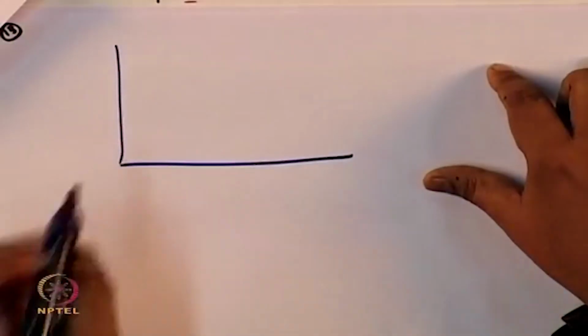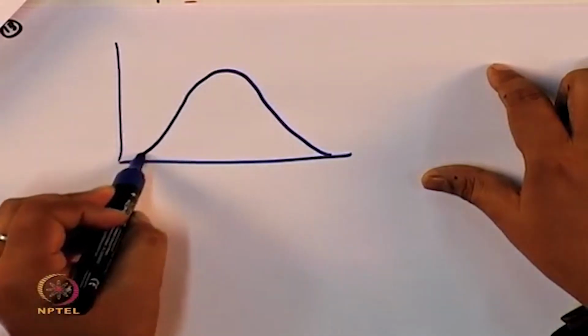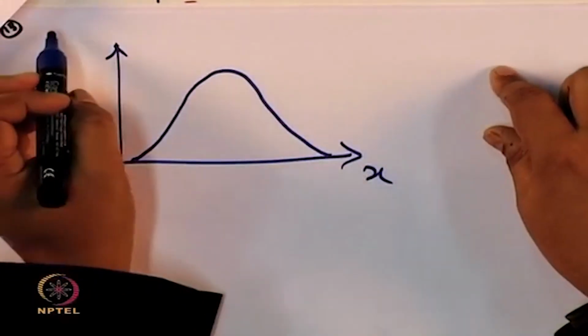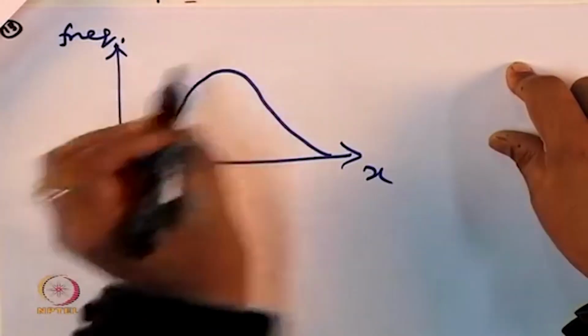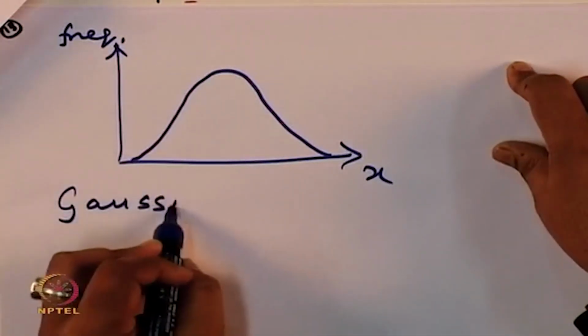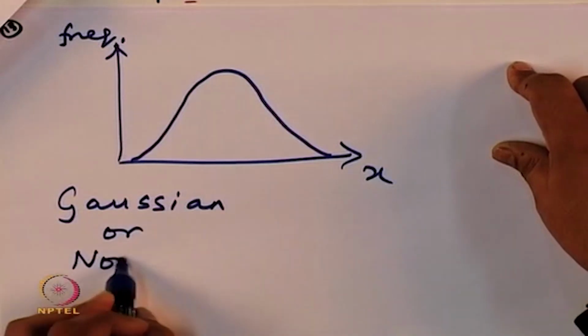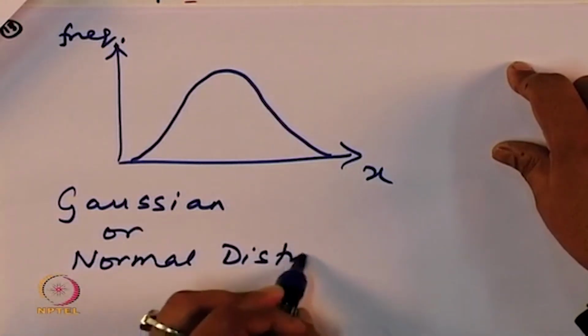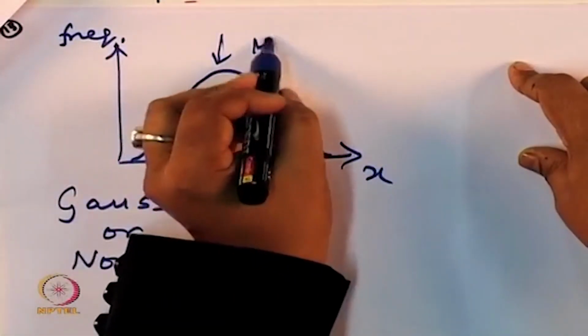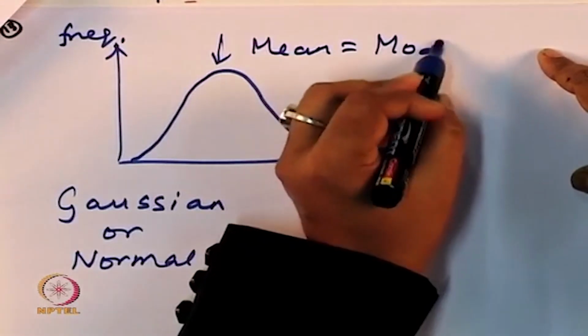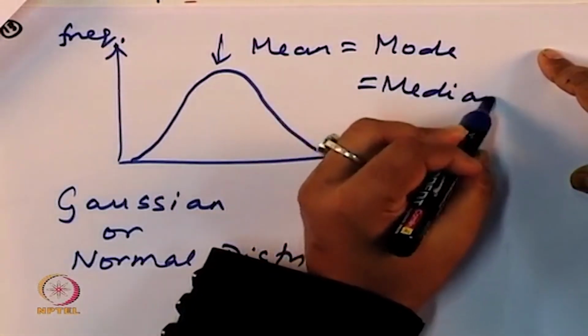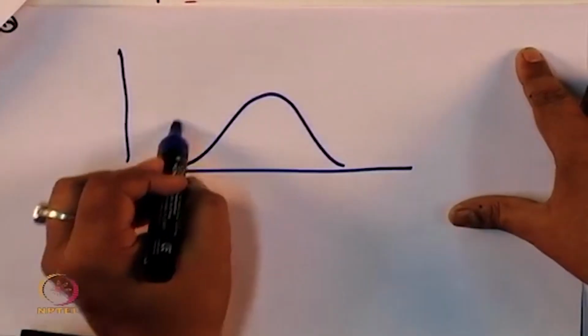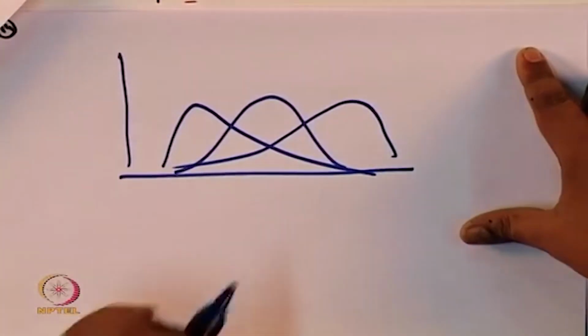In the general context, if I were to draw the curves, the best case situation, which we will discuss, is the Gaussian or normal distribution. For this particular case, mean equals mode equals median. But for all other cases, your data might look like this or like this.